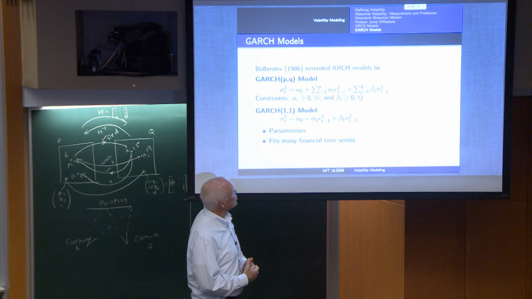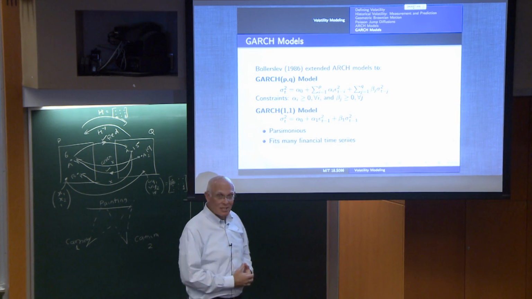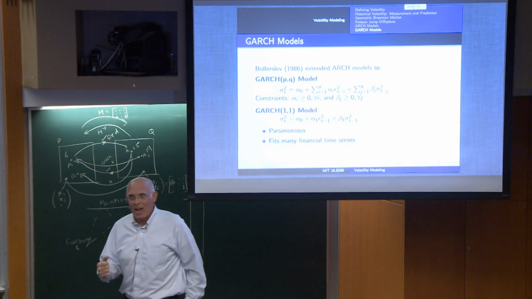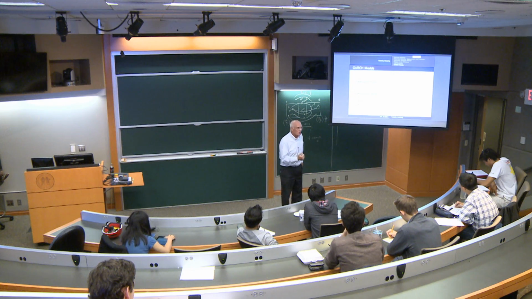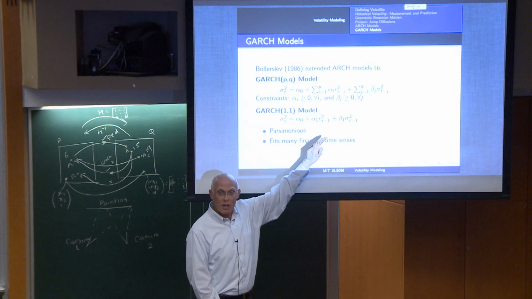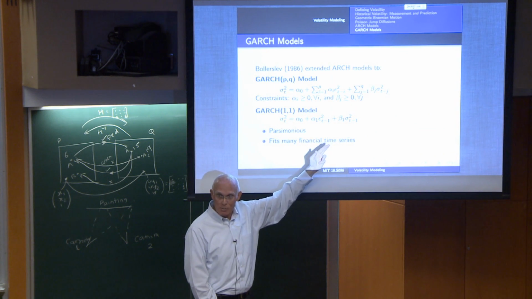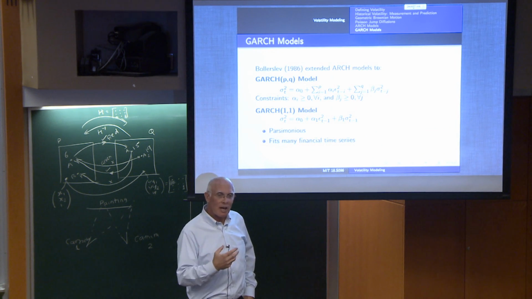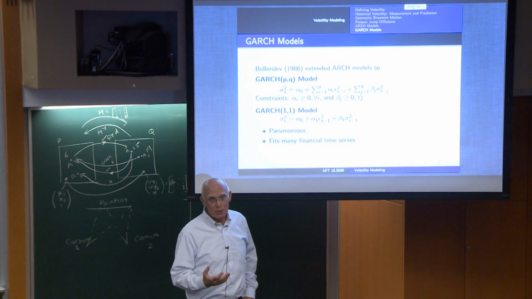And so what we're doing with GARCH models is adding extra parameters to the ARCH, but an advantage of considering these extra parameters, which relate the current volatility sigma squared t with the lagged value sigma squared t minus j for lags j, is that we may be able to have a model with many fewer parameters.